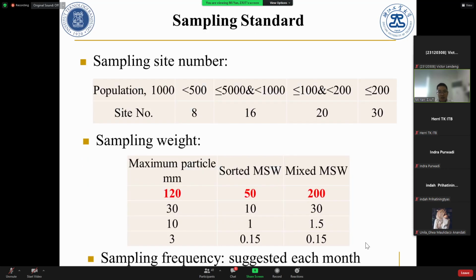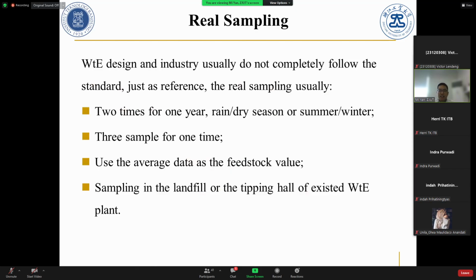But actually, if it is each month and so many sites, we need to pay more, and the cost is higher. So based on industrial experience, we do not completely follow the standard, just use it as a reference. The real sampling is usually like this: 2 times in 1 year, for the rainy or dry season, or summer and winter.